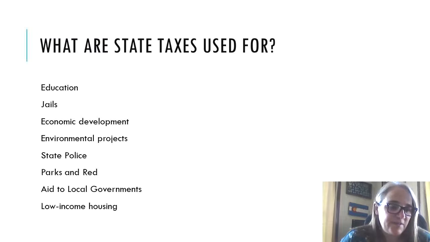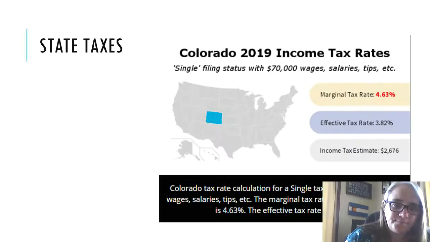They're used for economic development, environmental projects. They provide order in terms of state police, parks and recreation, aid to local governments, and also contributions to low-income housing to help families begin to be more successful economically.